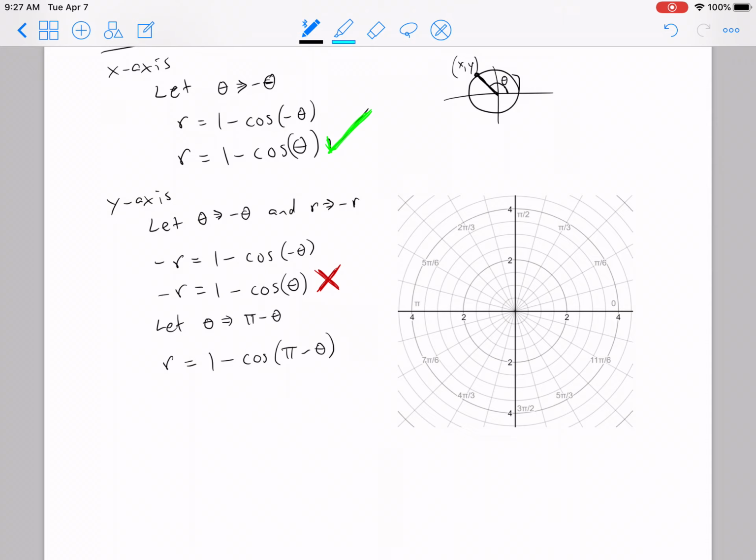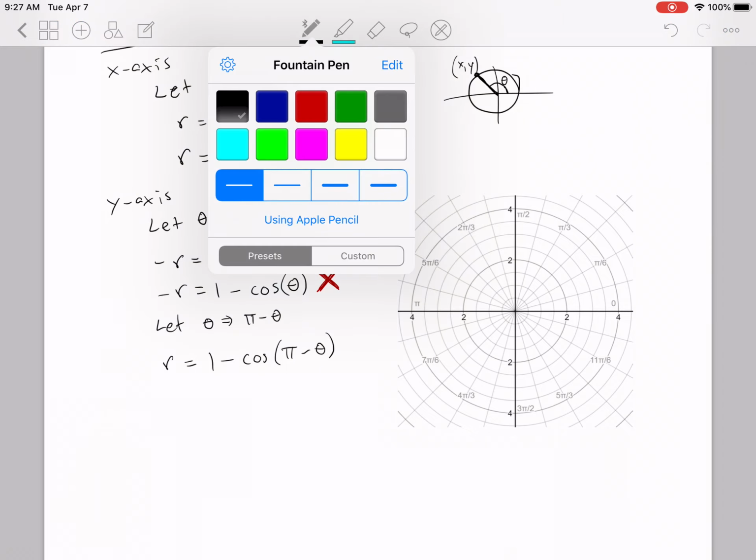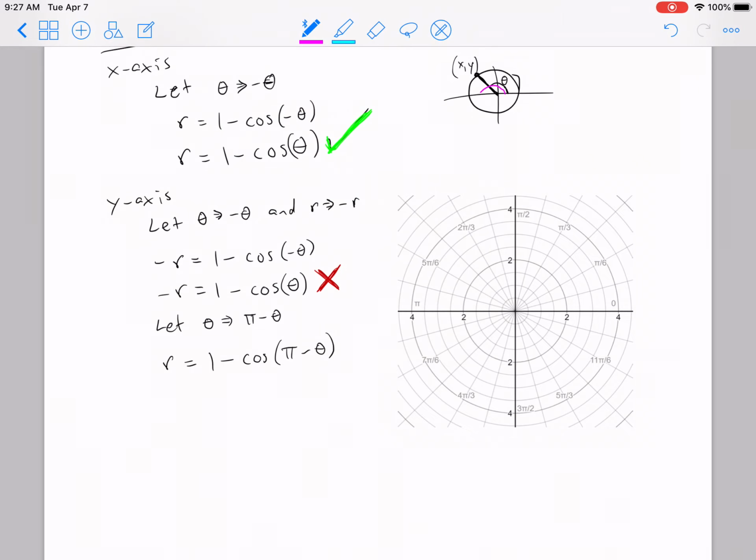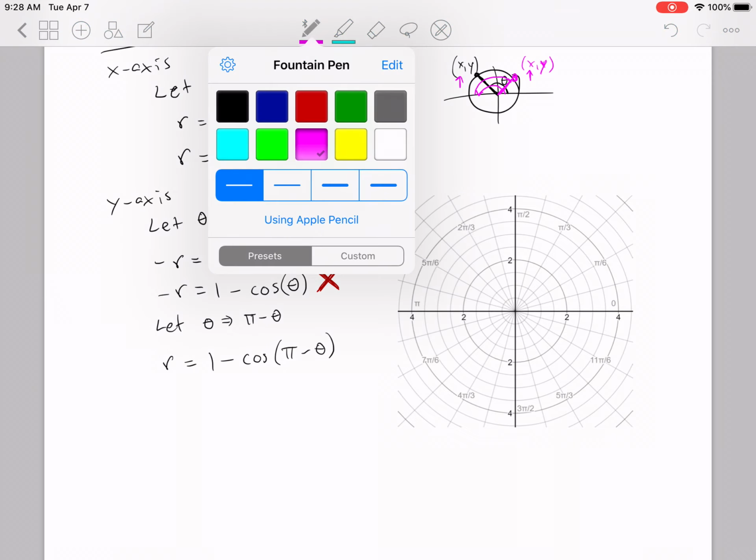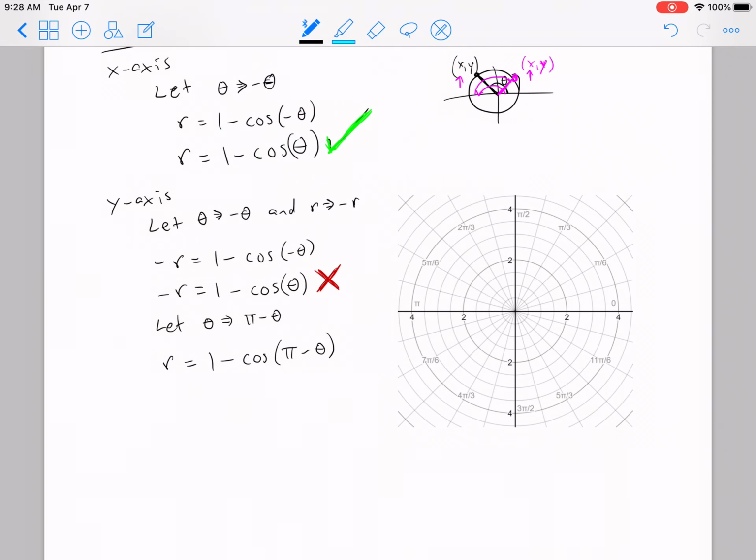Instead, what we're doing for our check is we're going pi this way, and then we're going to go back over theta amount, and so that's going to put us over here. That's the pi minus theta, and if we look at the x coordinates on here, this one will be positive, this one will be negative, so our cosine will just be the negative of what it was.